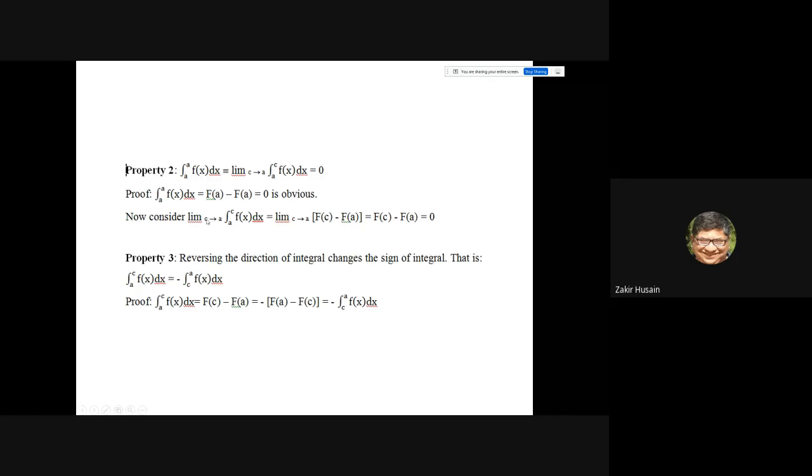Now, if you take the limit as C tends to A, the integral is from A to C, and we can write this as the limit as C tends to A of F(C) minus F(A). So we take out the limit, and we are just writing this portion.